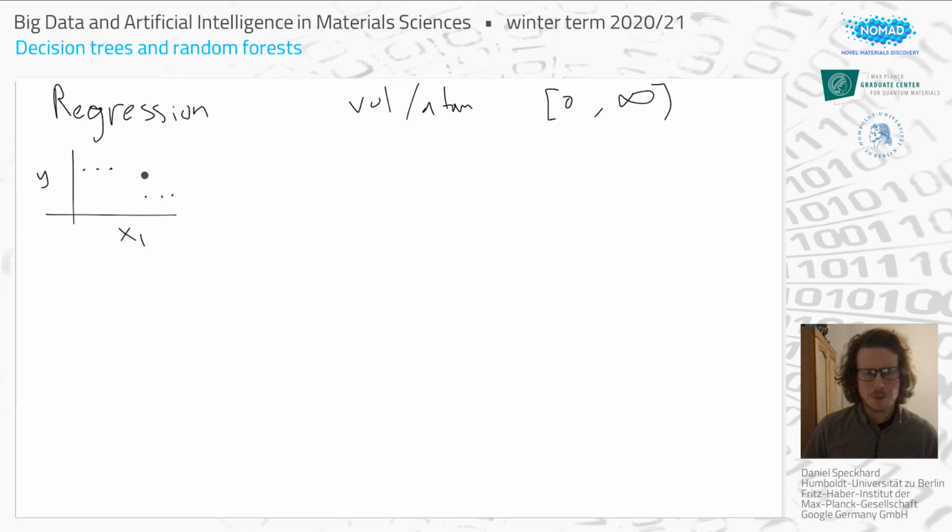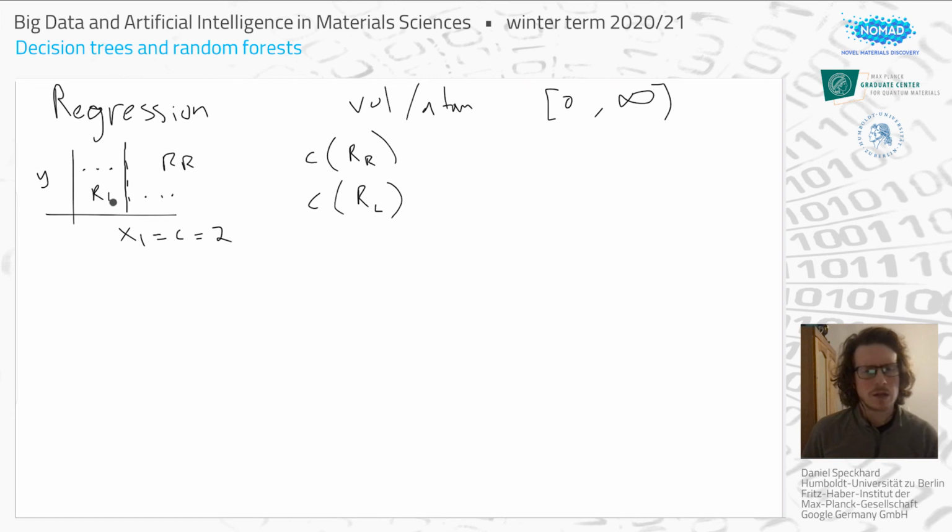This kind of looks like it belongs to some step function class. And what we're going to do in a regression tree is we're going to make splits again. So we're going to make some type of split like this. Let's even just draw the split. So this would be x1 is equal to some constant, maybe we say it's 2. And then for each region, so we have some region to the left of the split, some region to the right, we're going to estimate a constant. There's some constant for this region to the right, and some constant for this region to the left.